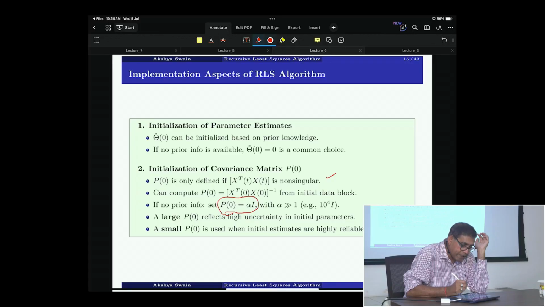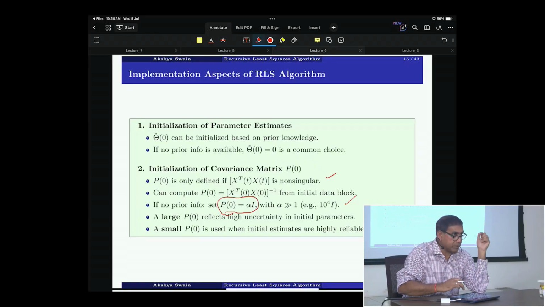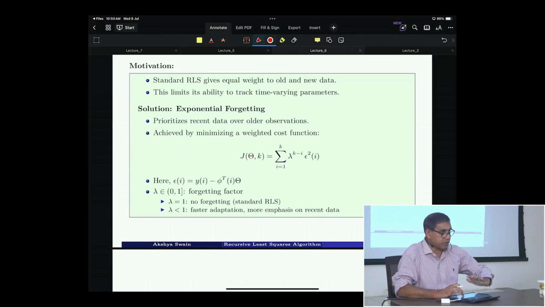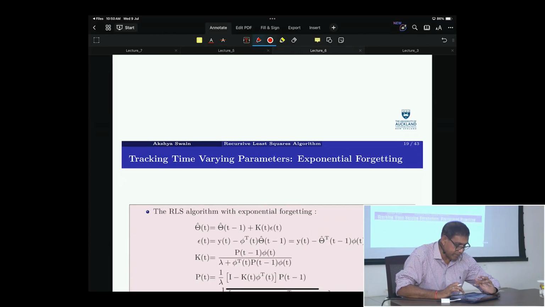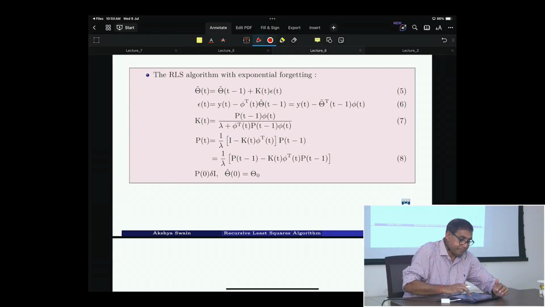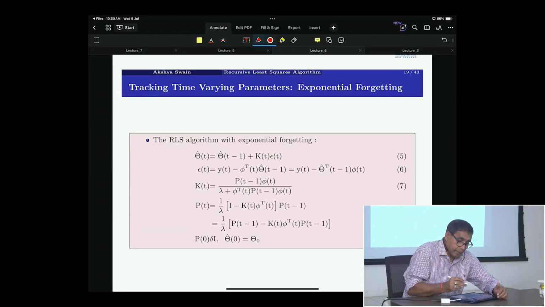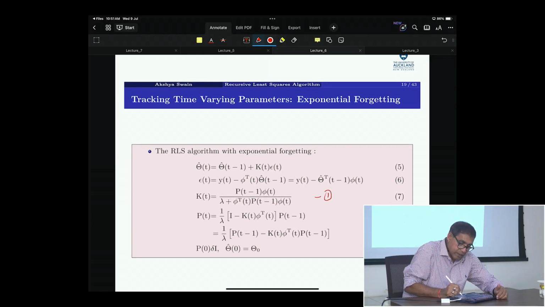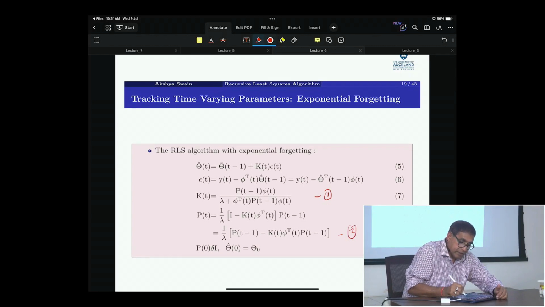If you do not know the parameters, you should take it as a high value. Just initialize it. You will see the program now. Exponential forgetting, I'll come back. This is the equation I've written here. So this one you should do first. This one is the second. This one is the third. And this one is the fourth.